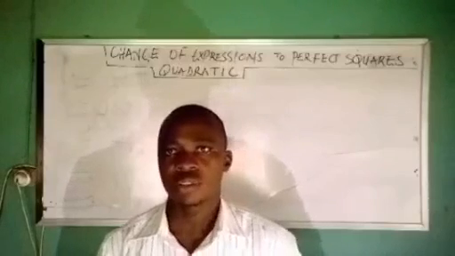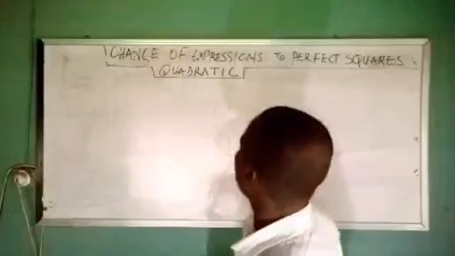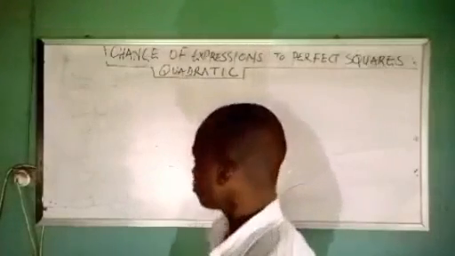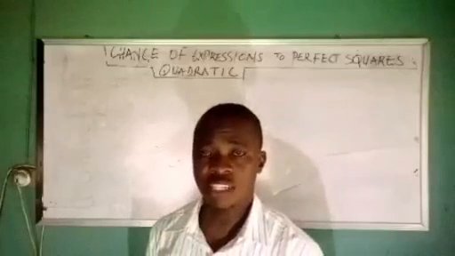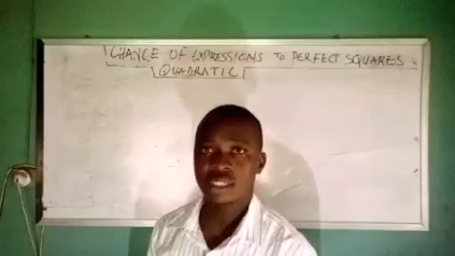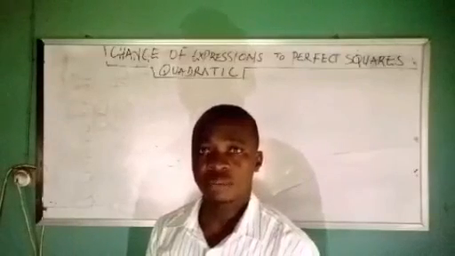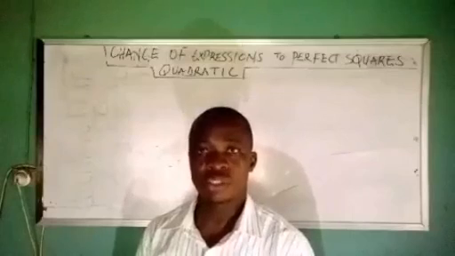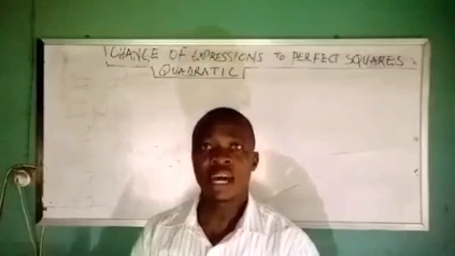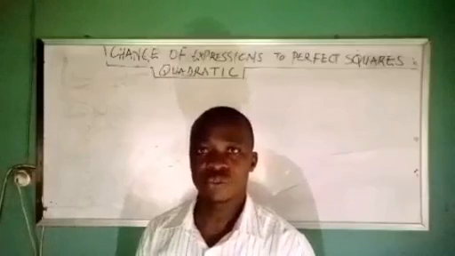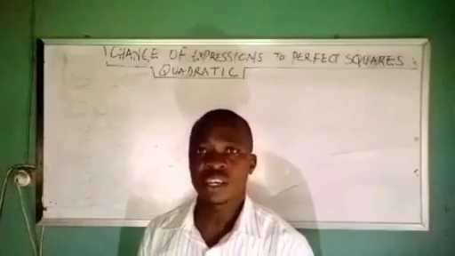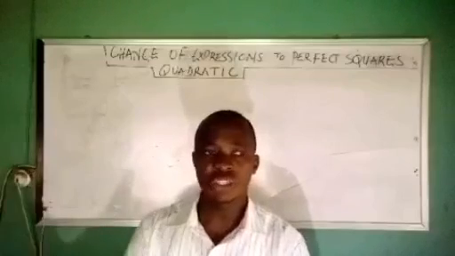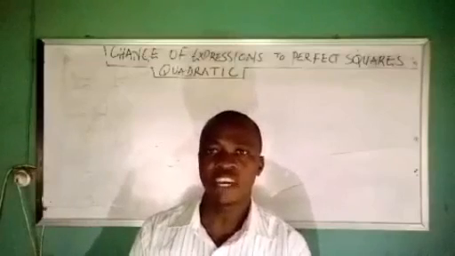So today, we are going to look at change of expressions to perfect square quadratic. In order not to waste much of our time, because we've already stated how we can determine that an expression is a perfect square quadratic expression, today let me say how we can change an expression to perfect square quadratic.